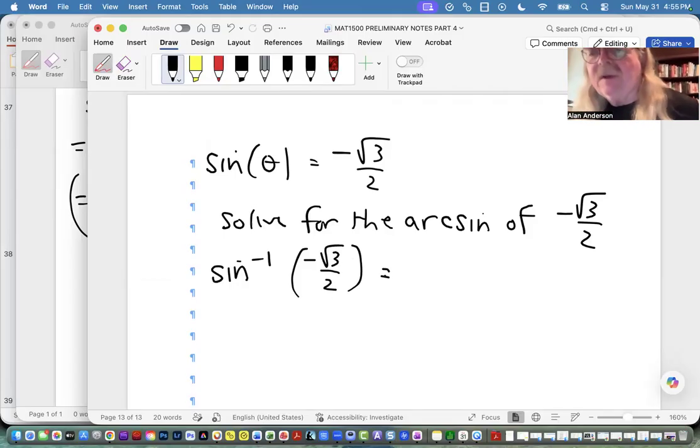So if you happen to have it right in front of you, but no, don't forget you have to enter negative radical 3 over 2. It's going to end up being a decimal.